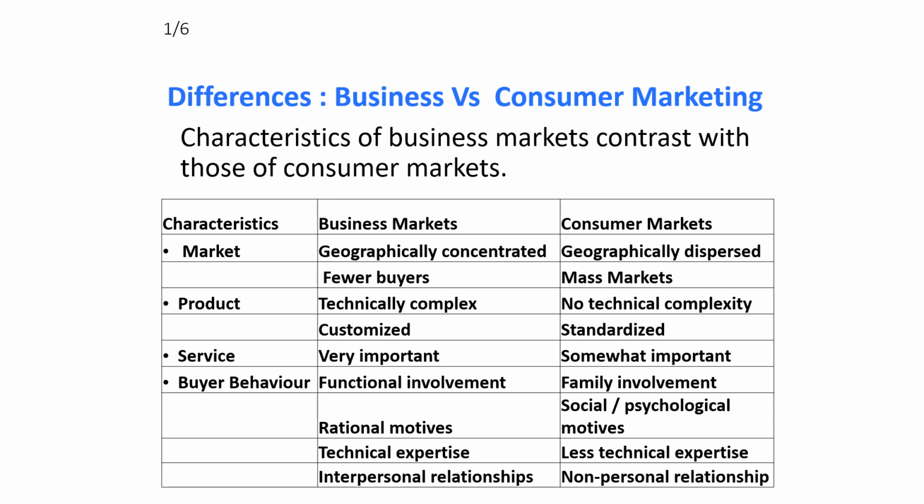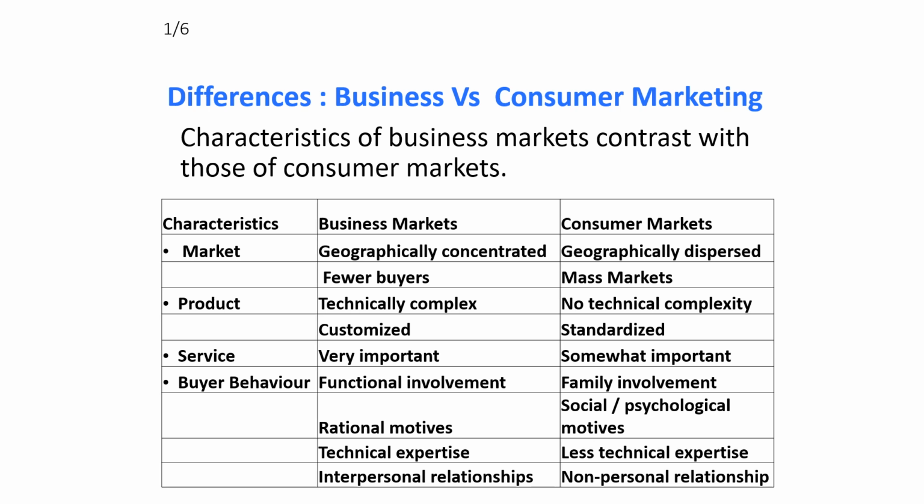Whereas in the consumer market, the family may be involved, friends may be involved in the purchase. There will be some psychological motives behind the purchase, some social involvement will also be there. The products are not so technical, you don't need to be an expert, and it is more of non-personal selling. Mass products are sold through various shops and various online apps, so there is no personal involvement.